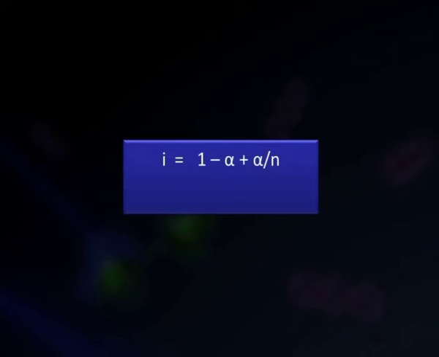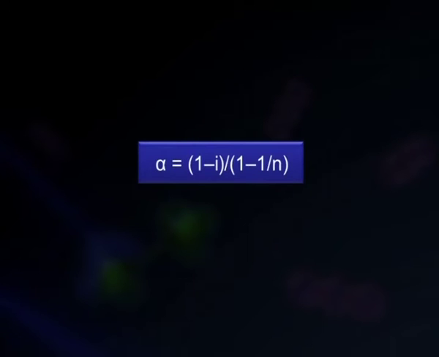Therefore, i will be equal to 1 minus alpha plus alpha by n, which will be less than 1. Rearranging this equation, we will get alpha equal to (1 minus i) upon (1 minus 1 upon n).